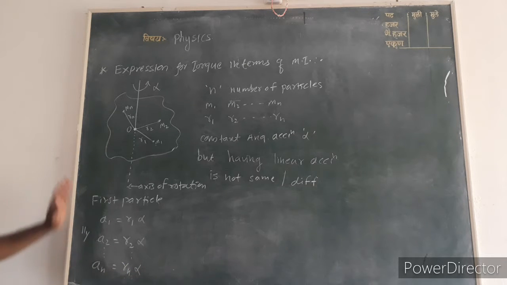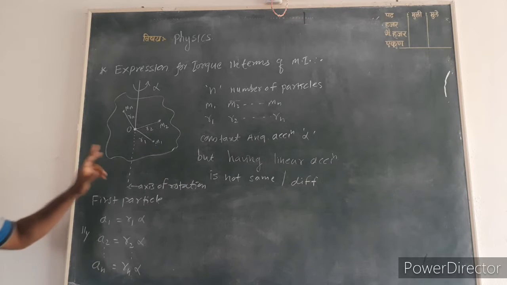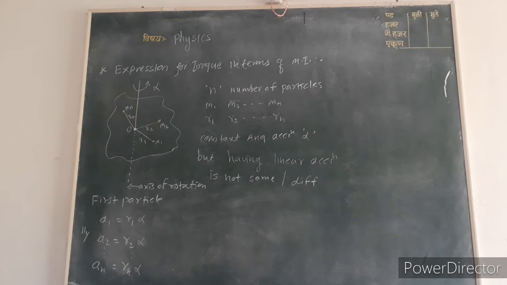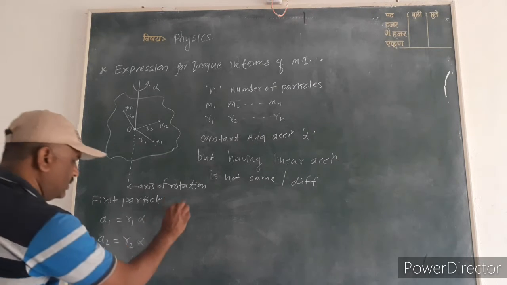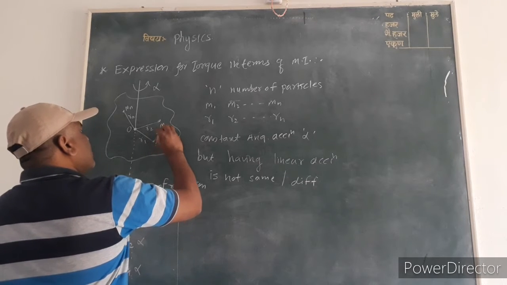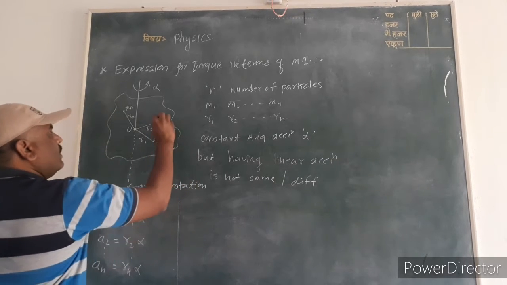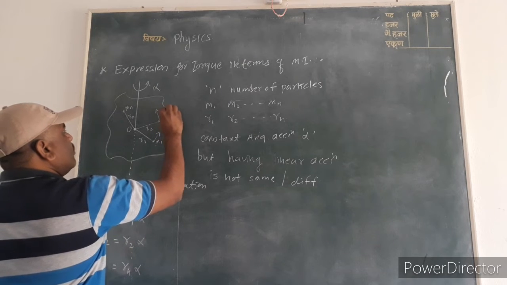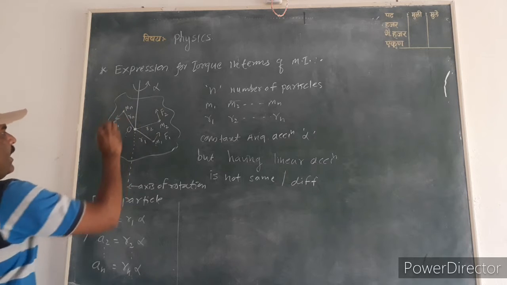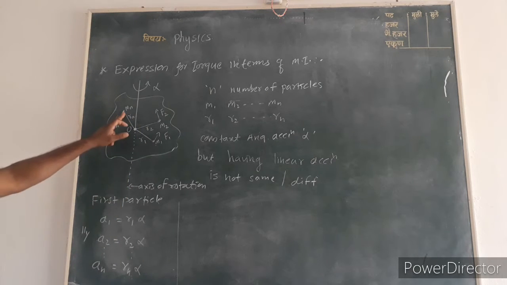These are the linear accelerations of the particles. We also calculate the force exerted on them. Let force F1 act on particle m1, F2 on particle m2, and Fn on the particle of mass mn.